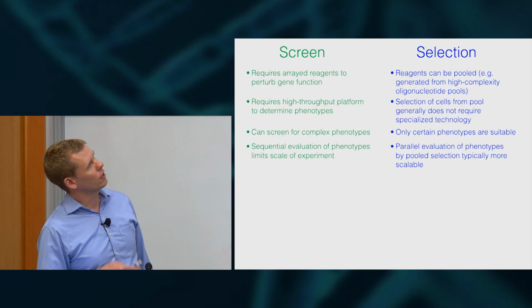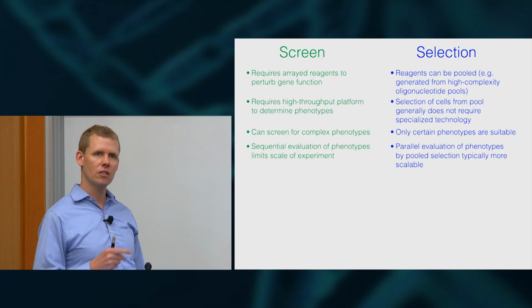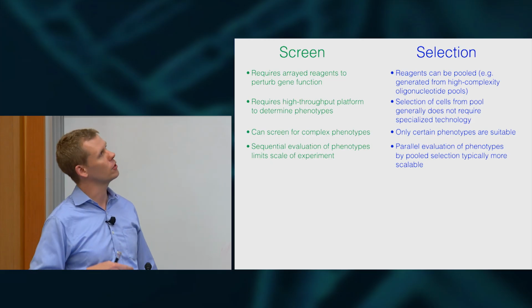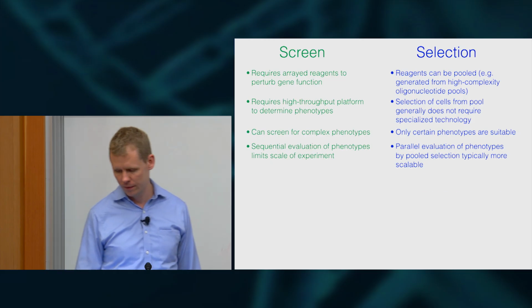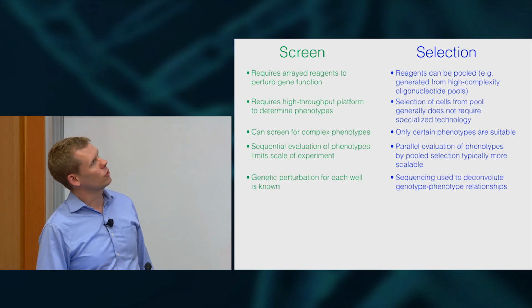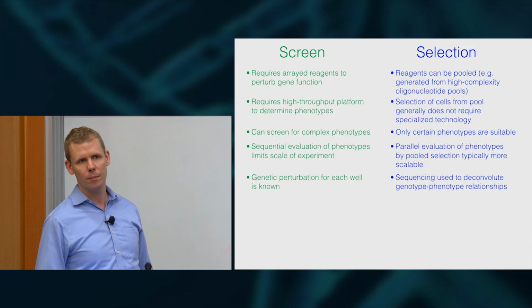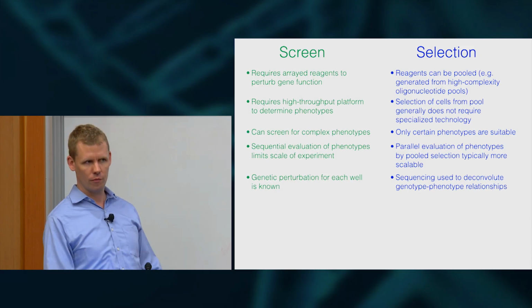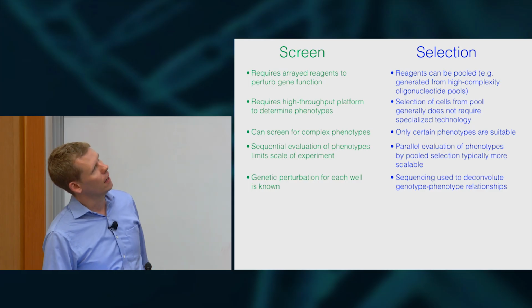In parallel, certainly because in a screen you look at things one at a time, that really limits the scale much more than the parallel evaluation of phenotypes, which is essentially just a space issue but not a time issue, because you're evaluating everything in parallel. Here in a screen, you know what genetic perturbation you're intending to apply in each well, because you have your arrayed libraries of, for example, guide RNAs.